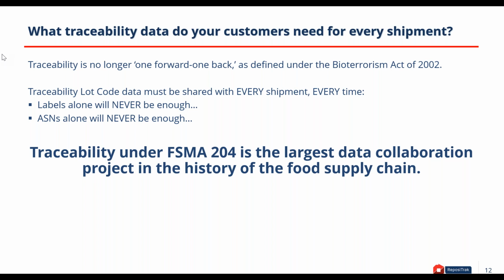So if you're considering using ASNs as a source of traceability information, please reach out to us and let us talk you through why it's not a great idea, because you want the most accurate traceability records, and ASNs don't have the most accurate shipment data because they're not a record of what was shipped. They're a record of what likely will be shipped. It's by definition an advanced shipping notification. It's not a bill of lading, which is a confirmation of what shipped.